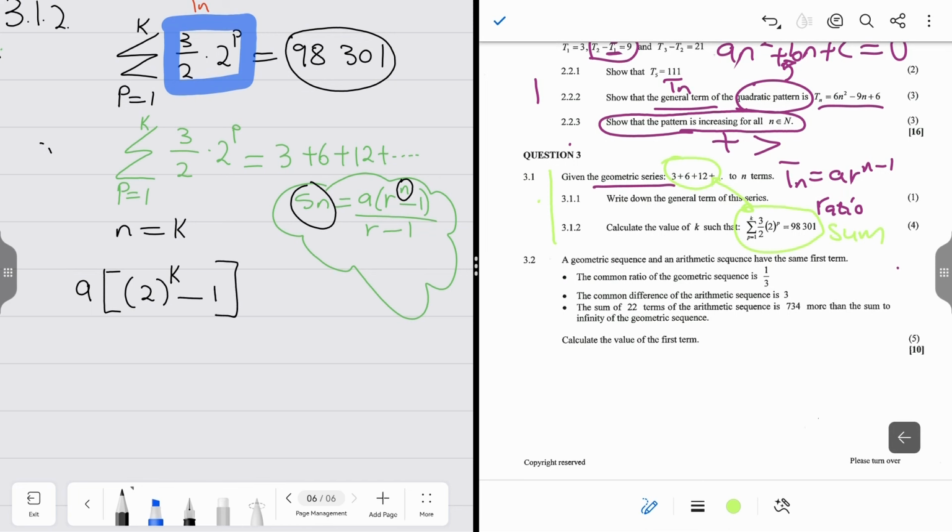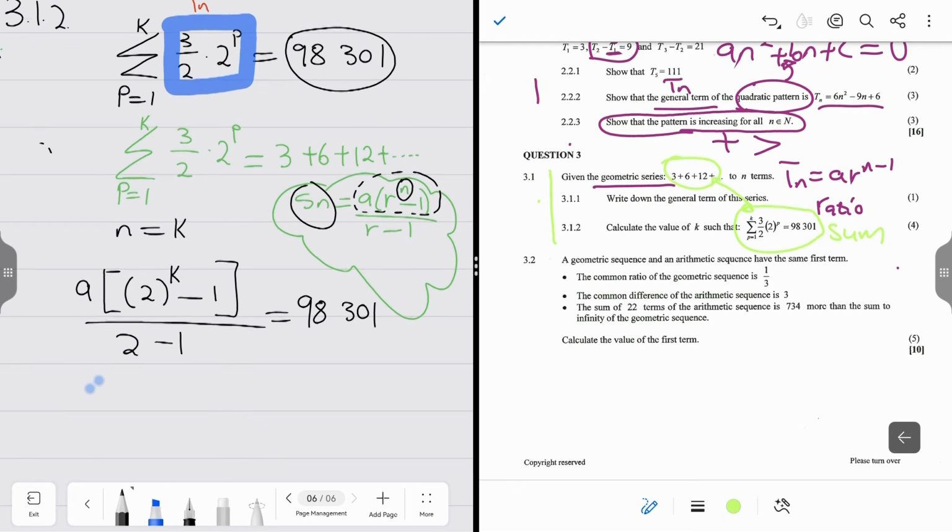This is the numerator part. Then we divide all of this by the value of r, which we already know is 2, minus 1. This whole thing will then be equal to 98,301, according to the statement that is given to us.